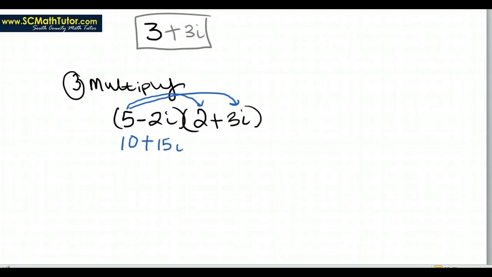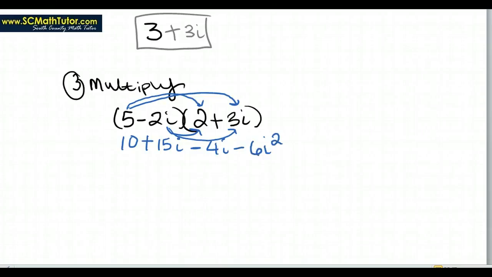Multiply the coefficients and add the exponents. Negative 2i times 2 is negative 4i. Negative 2i times positive 3i would be negative 6, and i times i is i squared.